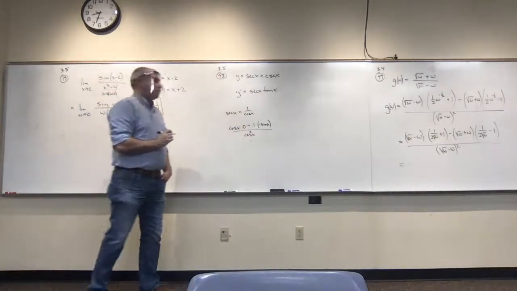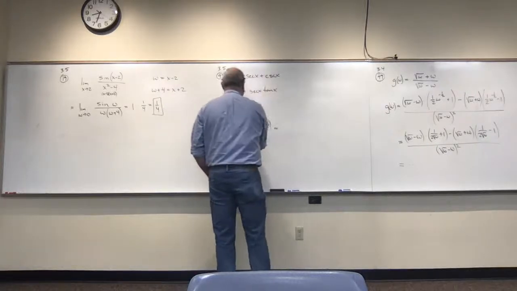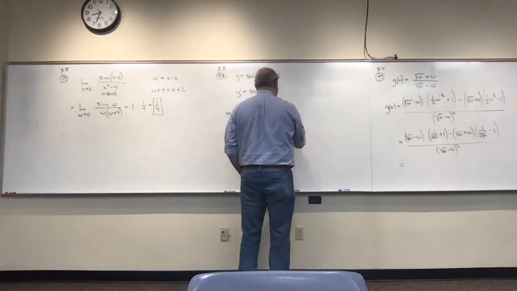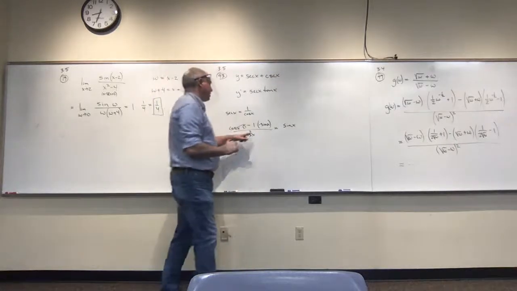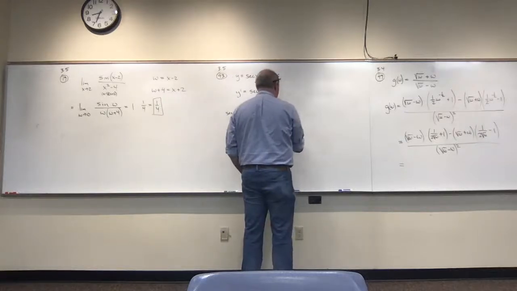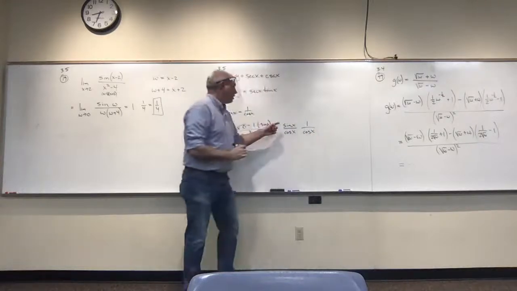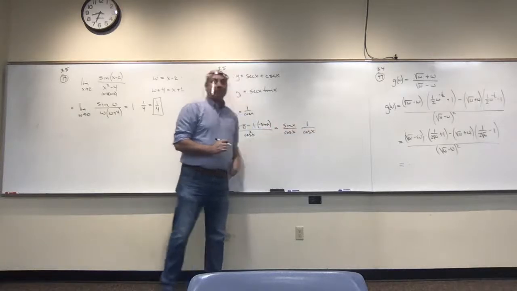Correct? Which is what? So this is gone. This is sine of x on top. And then I have a cosine squared of x on the bottom. But I could write that as a cosine of x here and a cosine of x on the bottom of the 1.